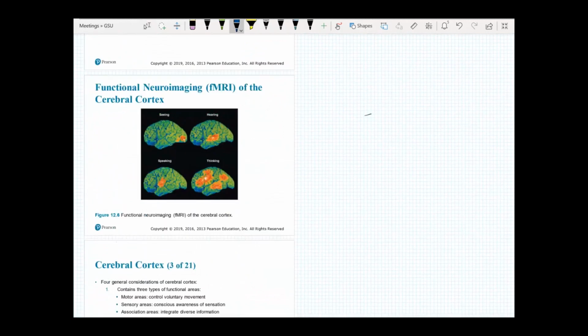This is the anterior and the posterior on all these images. When you see, this part of the brain lights up, and we know that's responsible for being able to see. If you hear, this part lights up. If you speak, this part, and if you think, all of the areas light up. So this is how we know that different areas of the brain are responsible for different functions.